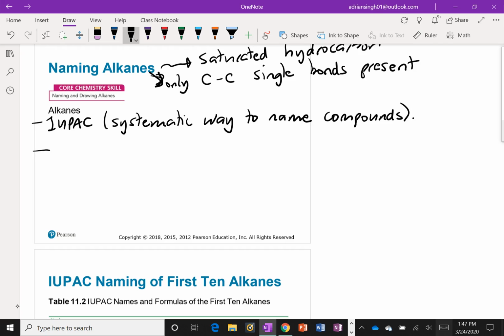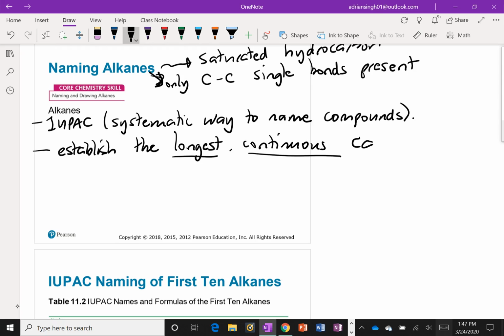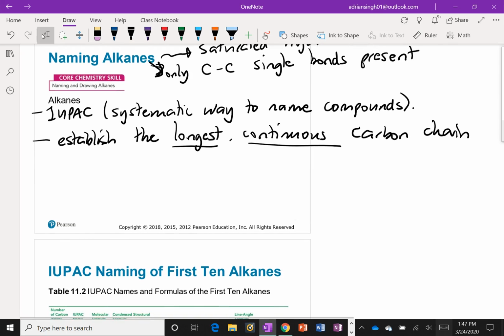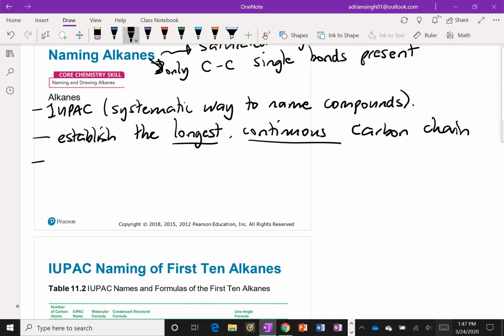And really what it boils down to is when you have your alkanes, or actually any other type of organic compound, the first thing you need to do is to establish the longest continuous carbon chain. Okay, and that's extremely important. That's going to be the basis for naming our alkanes and some of the other compounds as well.